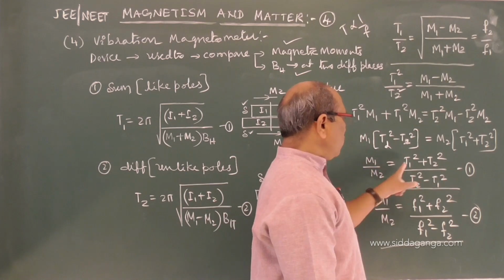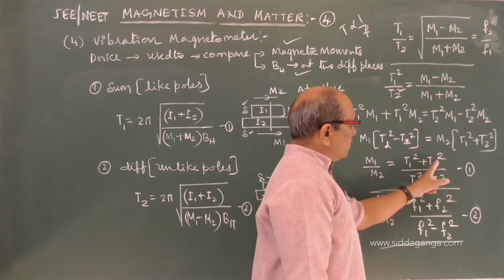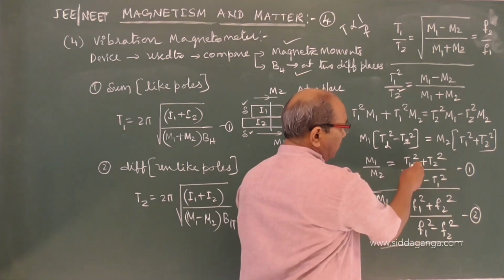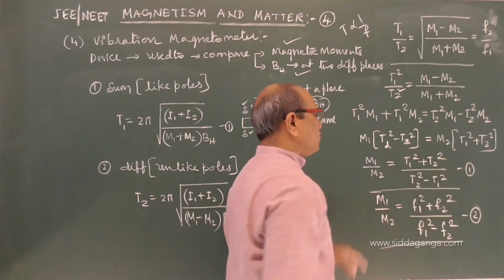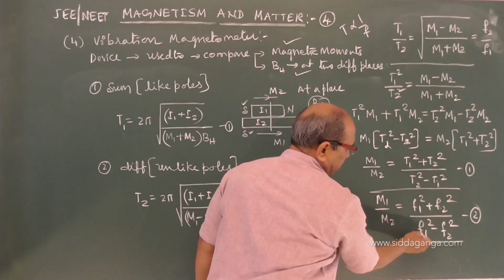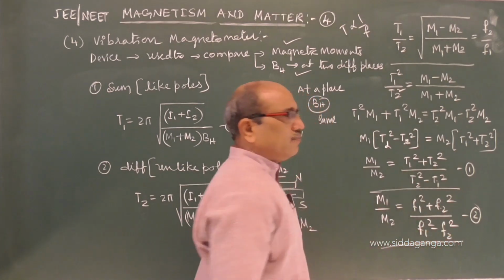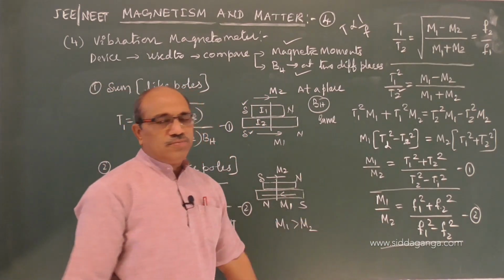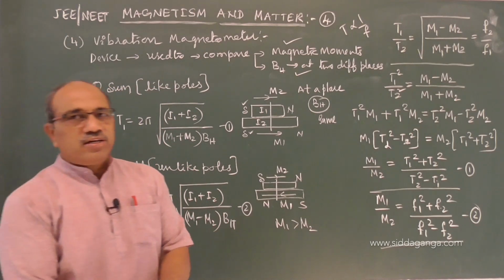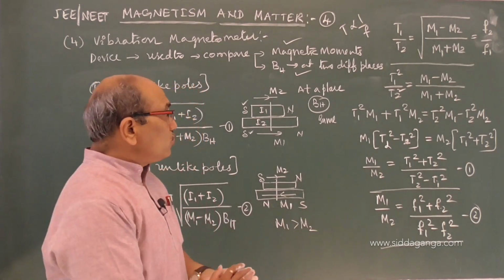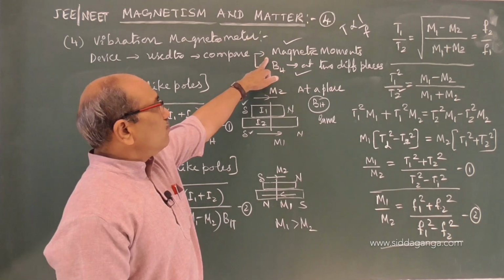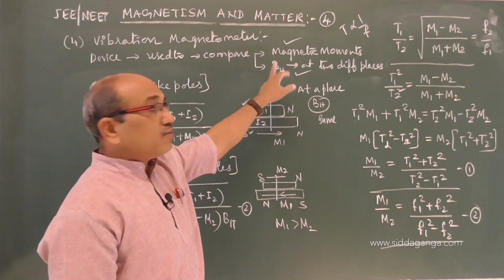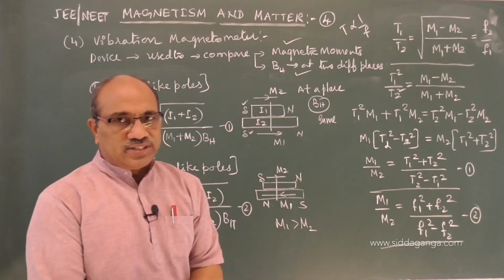If the questions in the entrance exam come in terms of frequency, remember the same relation in F. If you know the moment of one, the moment of the other can be estimated. Thus, this device is used to compare the magnetic moments of two bar magnets or to find the horizontal component of the earth's magnetic field at two different places.